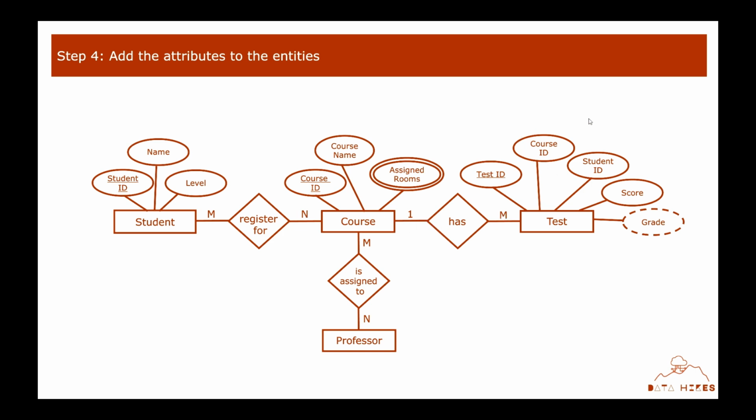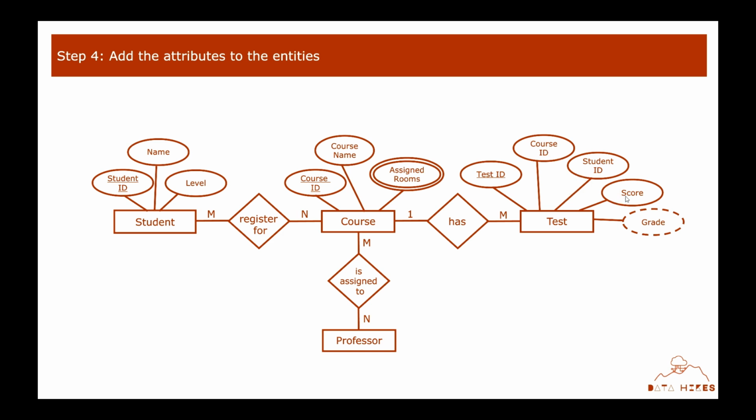Then it would be the case that for one course student ID pair combination, there will be only one test. But we have said this is a one-to-many relationship. Maybe one course has multiple tests as we go through the year. That is why we have the test ID as its unique identifier along with these details for course and student.